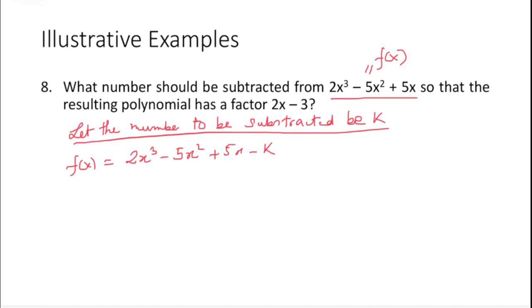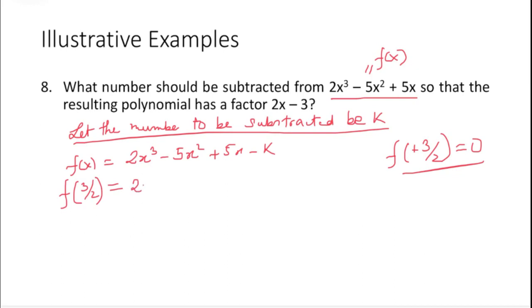So if the polynomial has a factor of 2x − 3, then f(−b/a), or f of minus of minus 3 by 2, so f(3/2), must be equal to 0 as per the factor theorem, right? So we can substitute 3/2 in place of x and find the value of k.